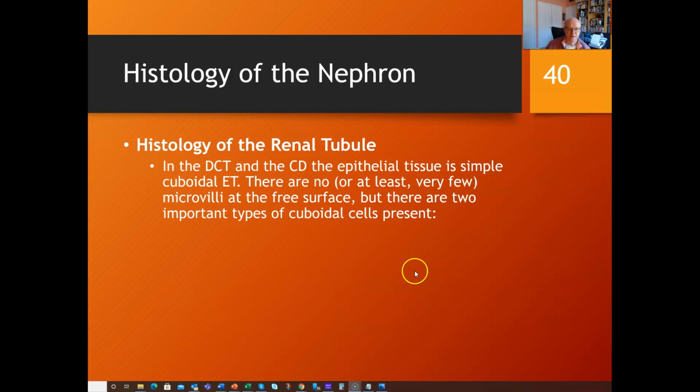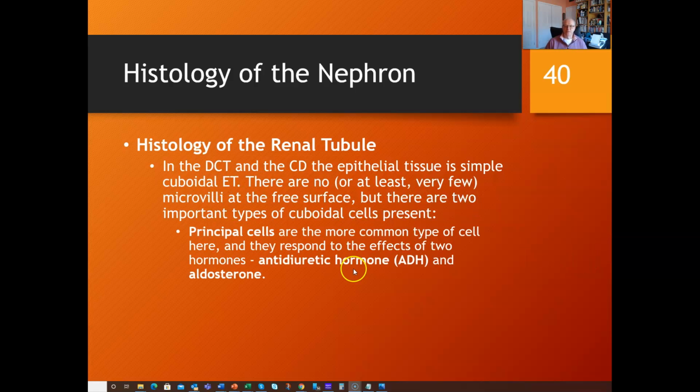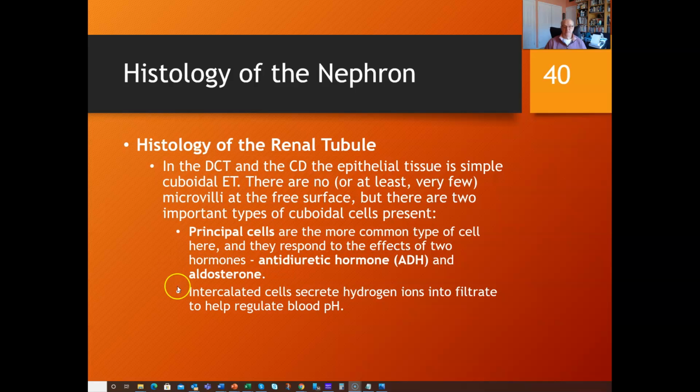That's not good. In the distal convoluted tubule and the collecting duct, the epithelium is simple cuboidal. Remember that? No microvilli, but there are two important types of cuboidal cells present. We have principal cells, which respond to antidiuretic hormone and another hormone called aldosterone, which we'll mention when we do the physiology.